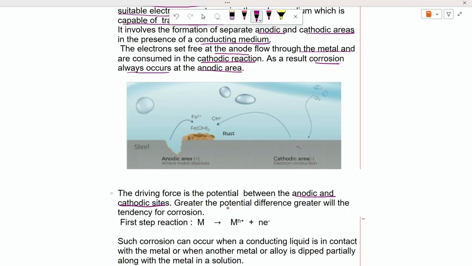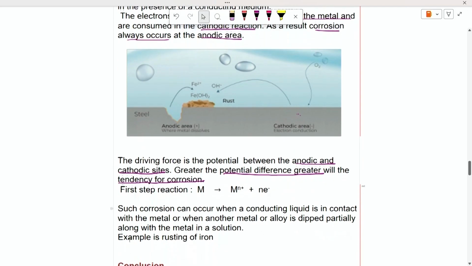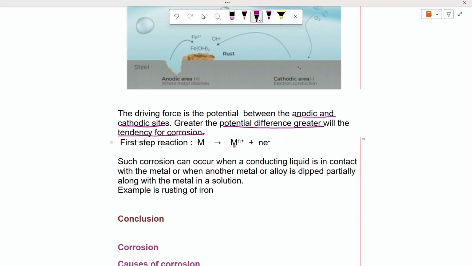Greater the potential difference, greater will be the tendency of corrosion. The first step involved in corrosion is actually the oxidation of the metal. If you prevent this step, you can prevent the corrosion. So, the first step is oxidation of the metal, and only then are the electrons released, which can be taken up by another region where it is ready to accept the electrons.